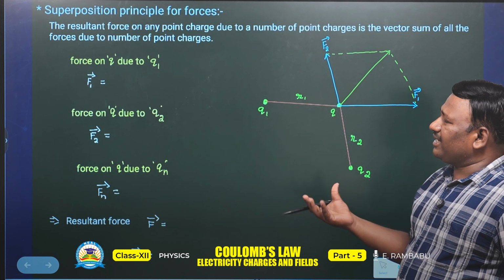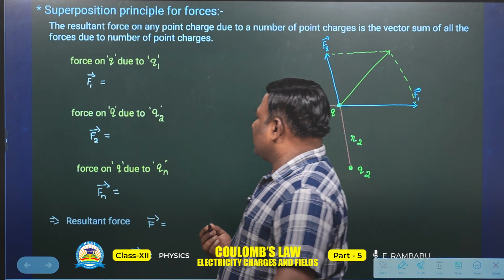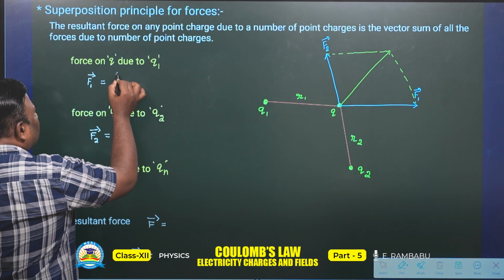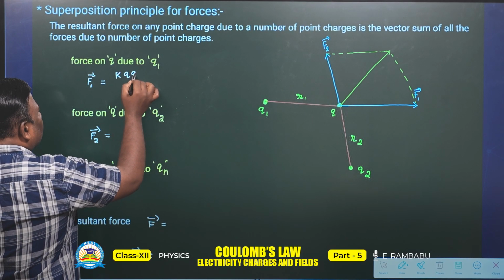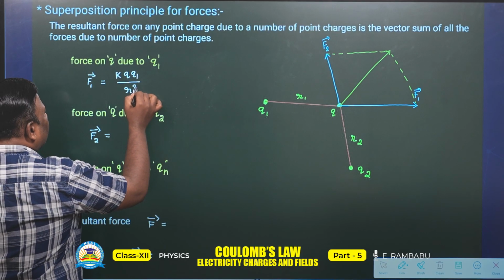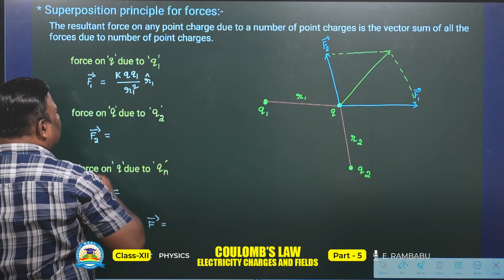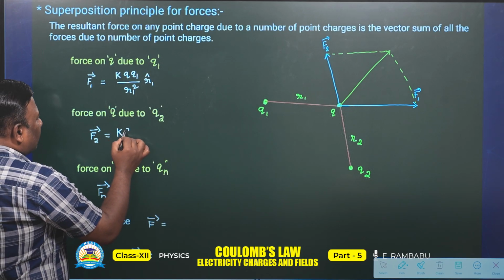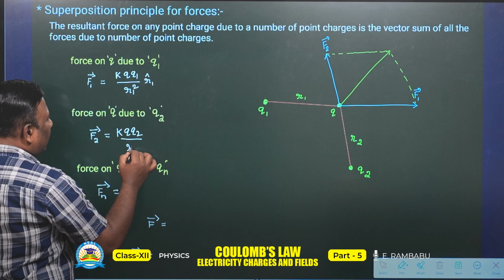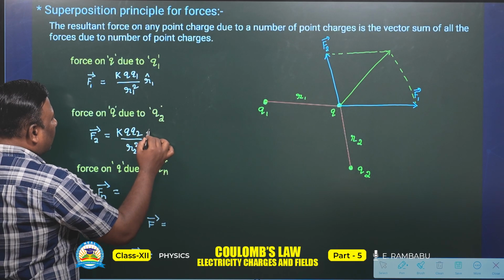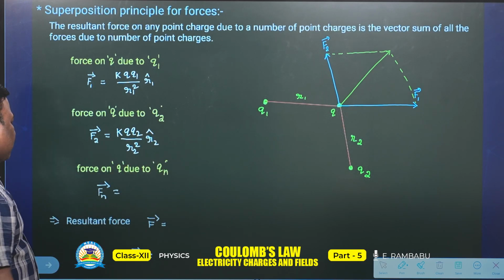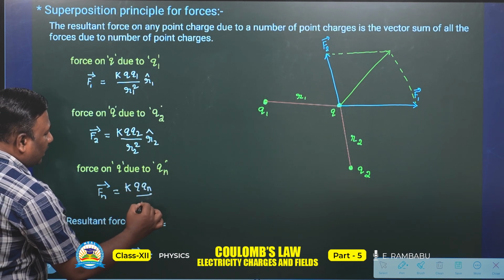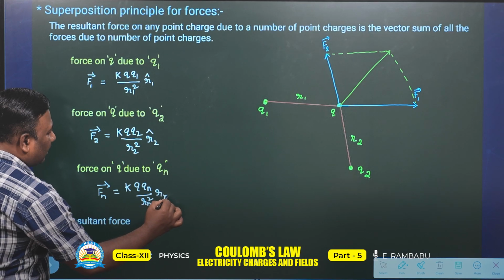Here I write the generalized formula for n charges. The force on Q due to charge 1 is K into Q into Q1 by R1 square along R1 cap. Similarly, the force on Q due to Q2 is K into Q into Q2 divided by R2 square along R2 cap. Like that, assuming n charges, the force due to the nth charge is K into Q into Qn by Rn square along Rn cap.